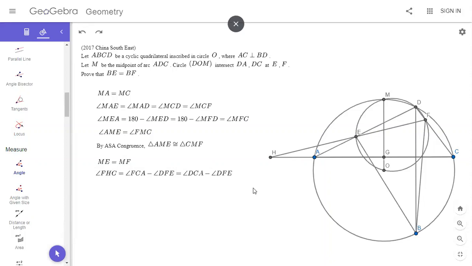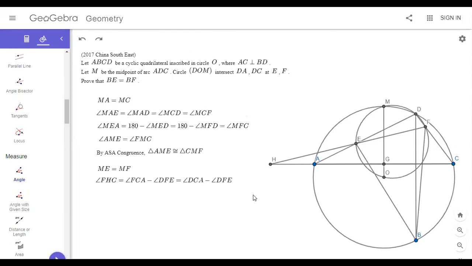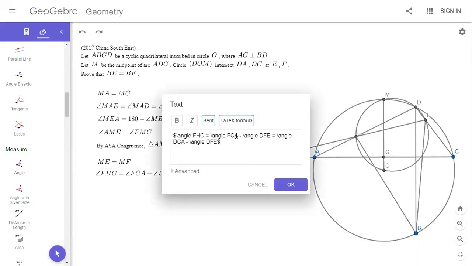FHC is, let's see, FHC is DFE, yes, it should be. So it should be DFE minus FCA, you're right. DFE, thanks for pointing that out.